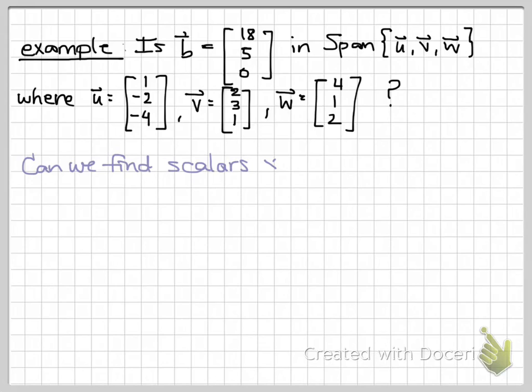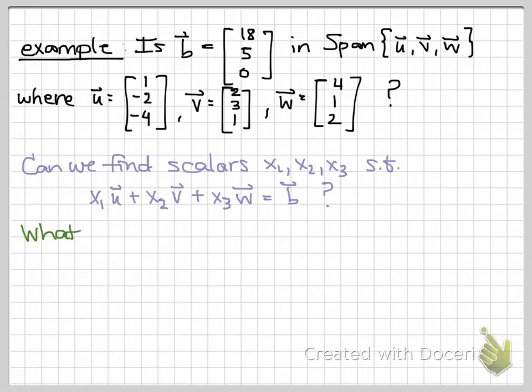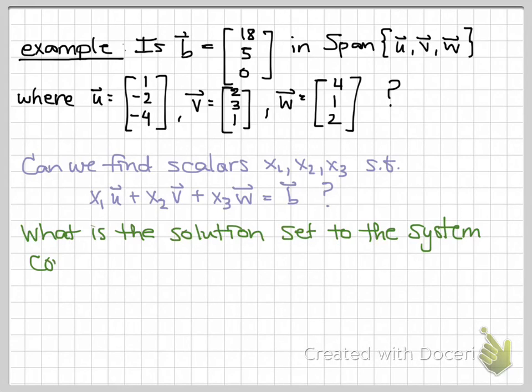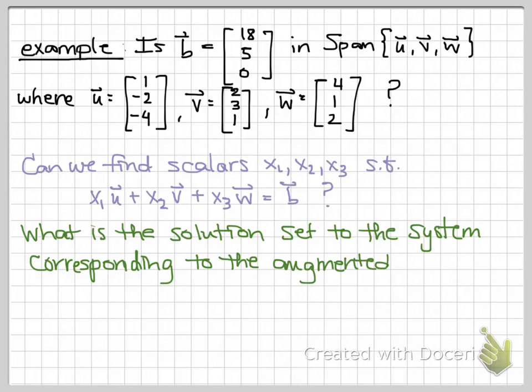Can we find scalars x1, x2, x3 such that x1u plus x2v plus x3w equals b? This is the same thing as asking what is the solution set to the system corresponding to the augmented matrix that has u, v, w, and b as columns.